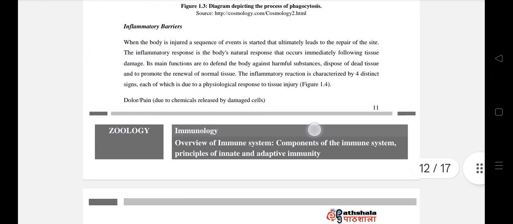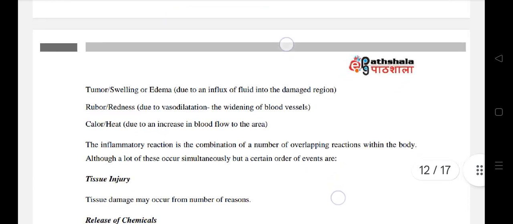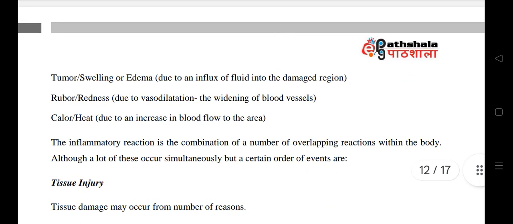Dolor, or pain, due to chemicals released by damaged cells; tumor, swelling, or edema due to an influx of fluid into the damaged area; rubor, or redness, due to vasodilation, the widening of tissue blood vessels; and calor, or heat, due to an increase in blood flow to the area.